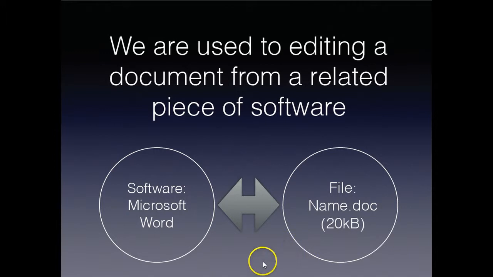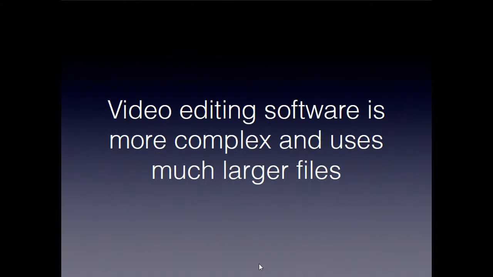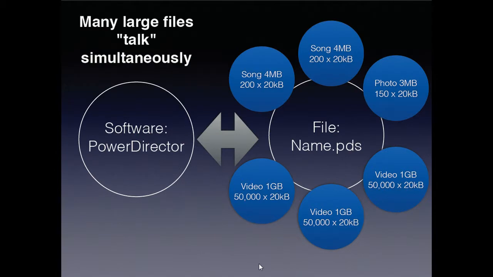And I just want to show you with the next slide how maybe more complicated that is with a piece of video editing software, because we're using much larger files and we're using several files and they're kind of talking with one another.